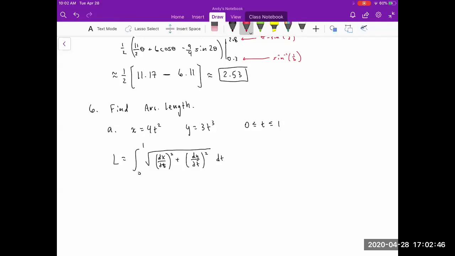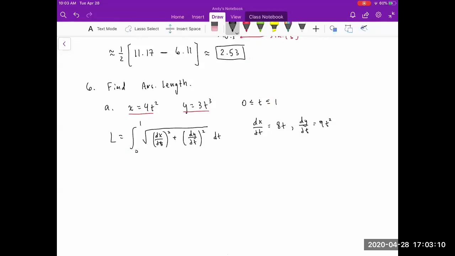So just real quickly, to find dx over dt and dy over dt, let's take their derivatives. dx over dt is going to be 8t. dy over dt is going to be 9t squared.